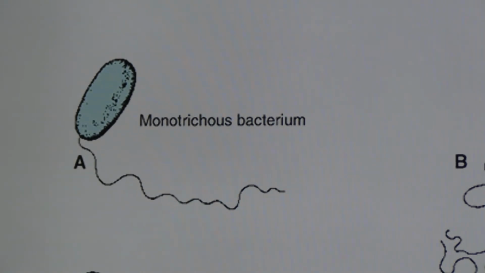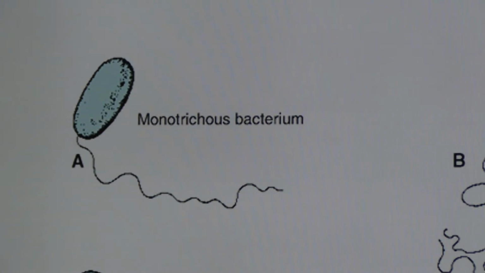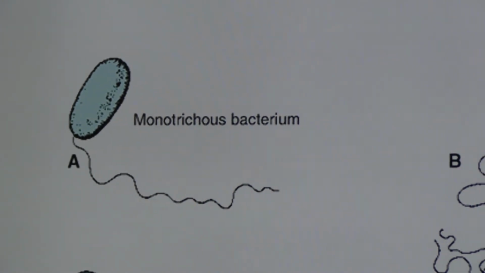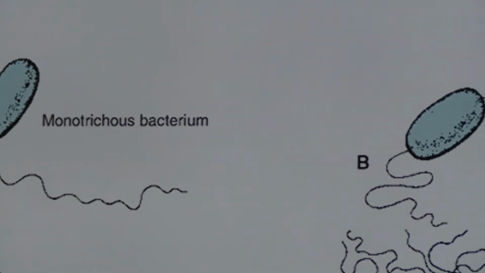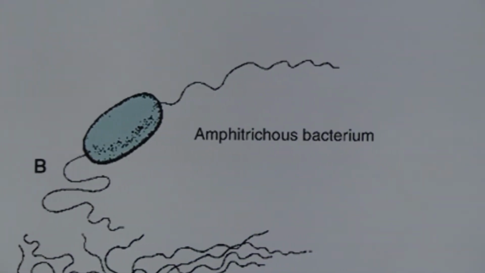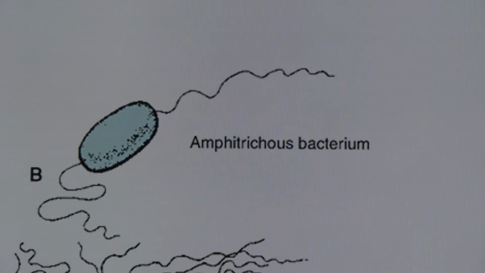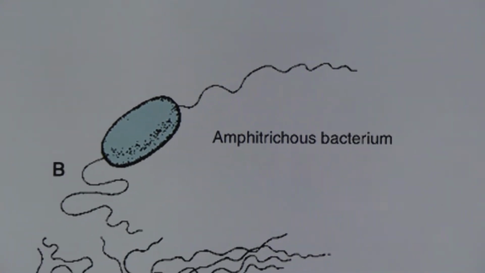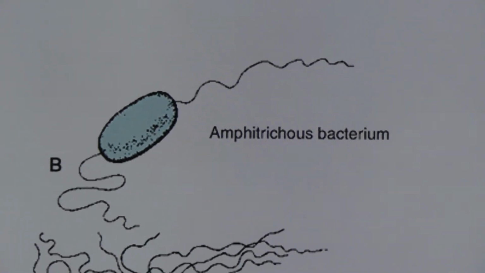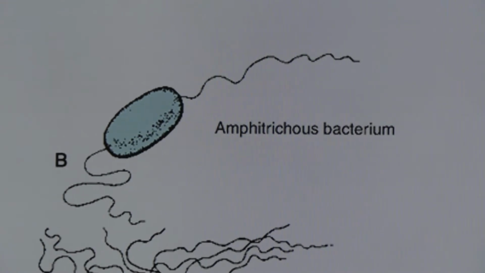The first one is monotrichous. It is basically a single flagellum at one pole. Mono means one. In some cases, we also call it a polar flagellum because it's located at one end of the cell.